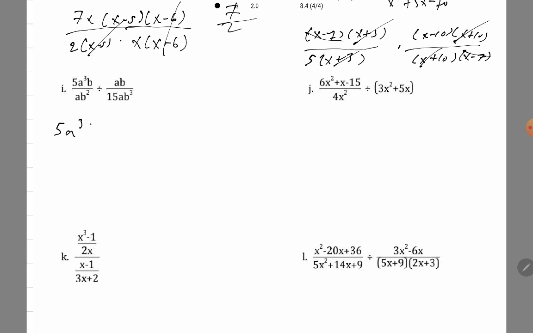Five a cubed b over ab squared. Change division into multiplication. Flip 15ab cubed over ab. Multiply: 75 a to the 4th, b to the 4th.